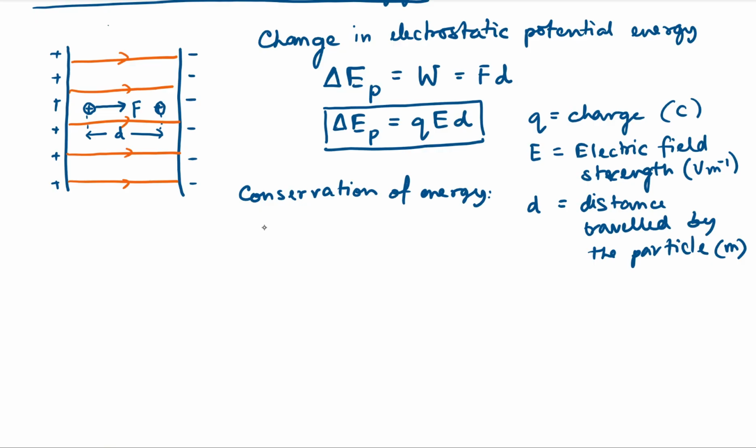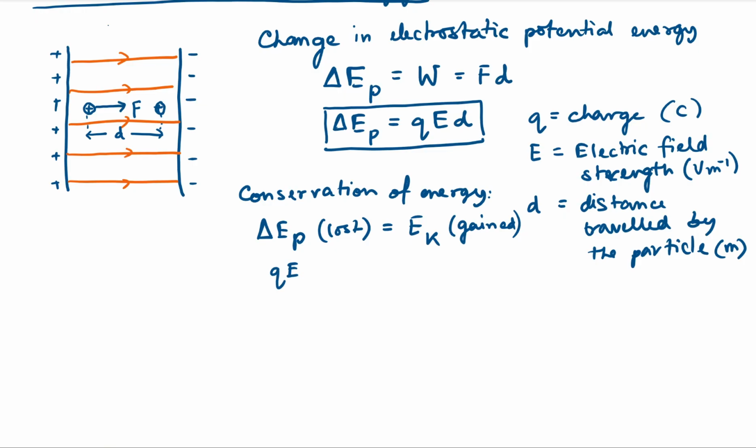Over here, because we are losing electrostatic potential energy, it has to be equal to kinetic energy, because the particle will accelerate because of the force, and then it will start moving faster and faster. So it's gaining kinetic energy, and these two energies must be equal due to conservation of energy.